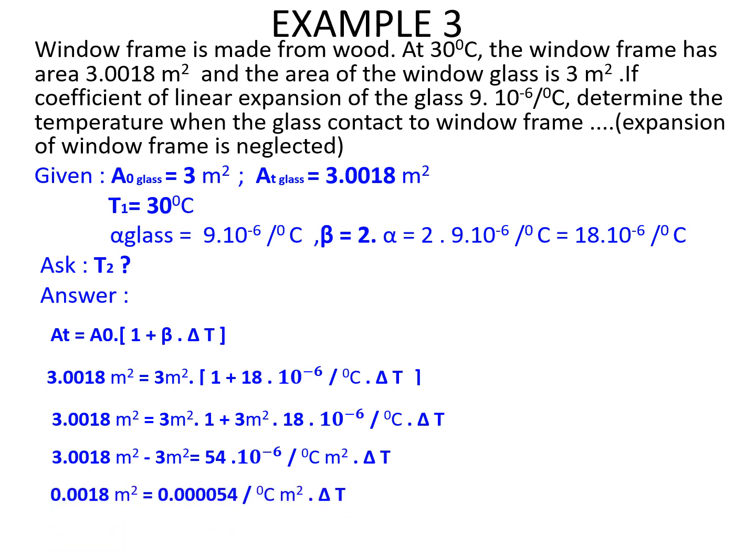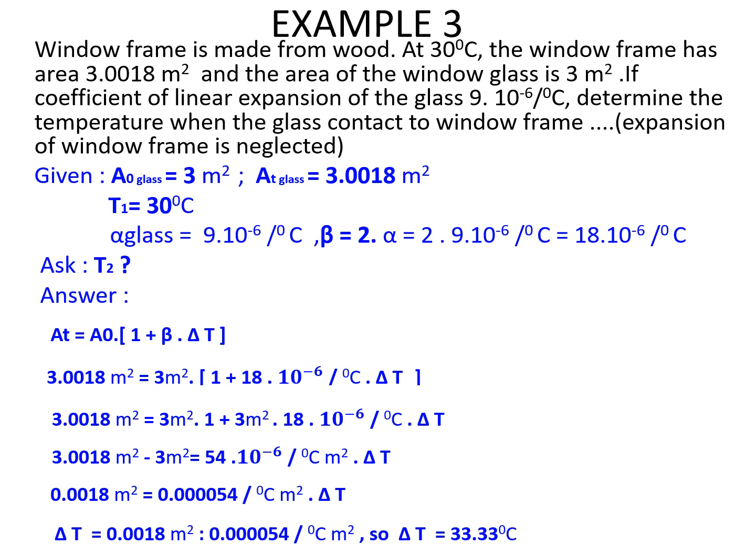So we get that 0.0018 meters square equals 0.000054 per degree Celsius meter square times delta T. From here we can get that delta T equals 0.0018 meters square divided by 0.000054 per degree Celsius meter square, and we can get that delta T equals 33.33 degrees Celsius.